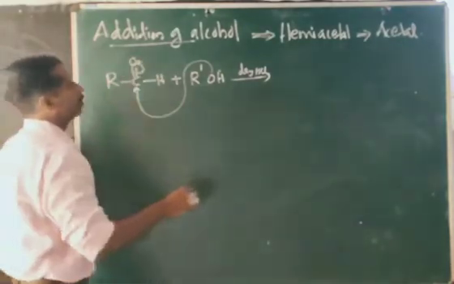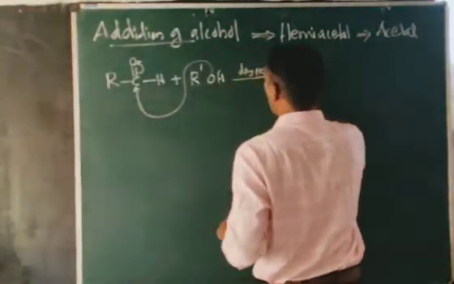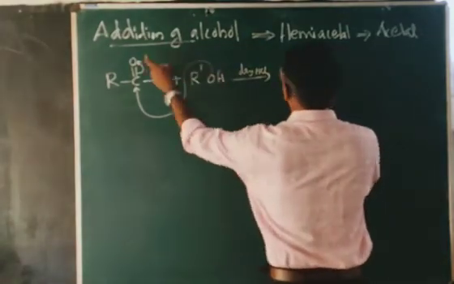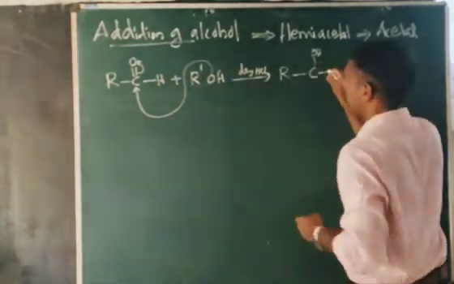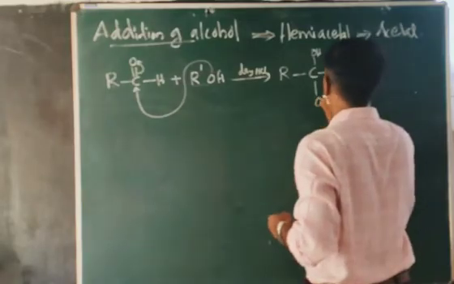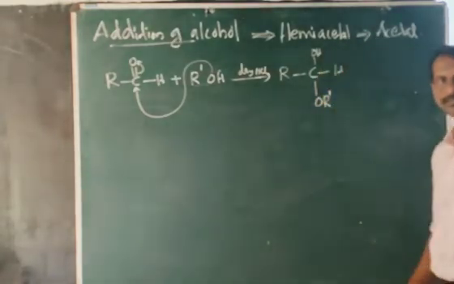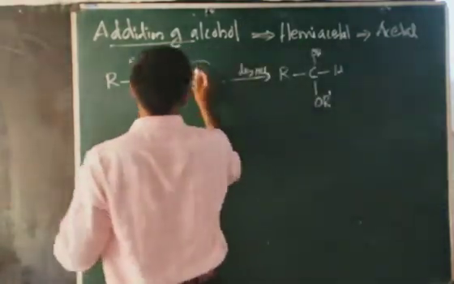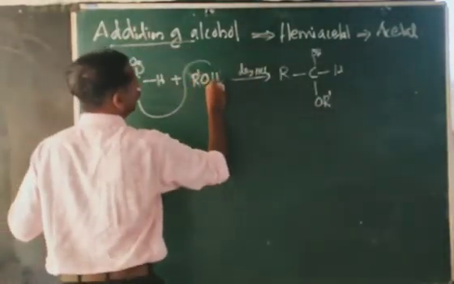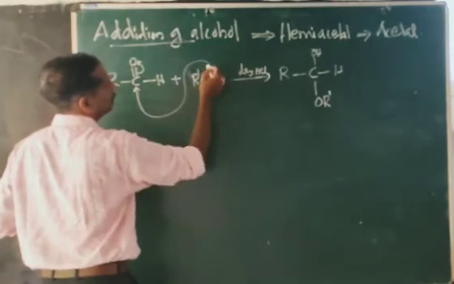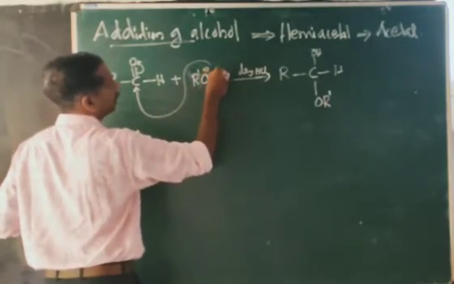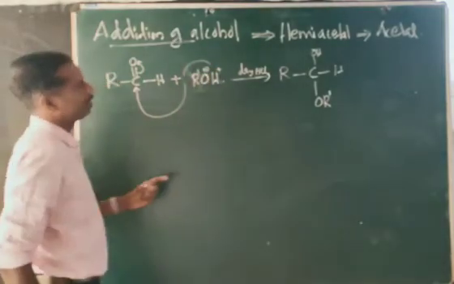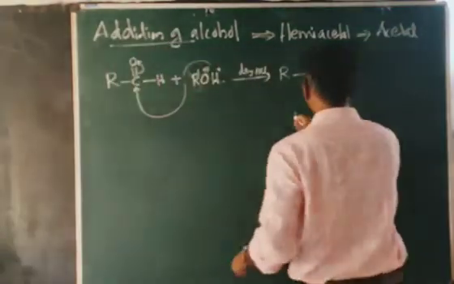Then what do we get? We get R, C, H, with oxygen, then here H, and here OR'. This compound is known as hemiacetal.